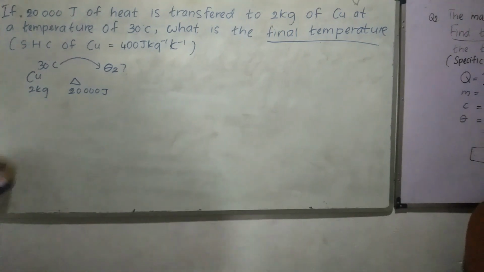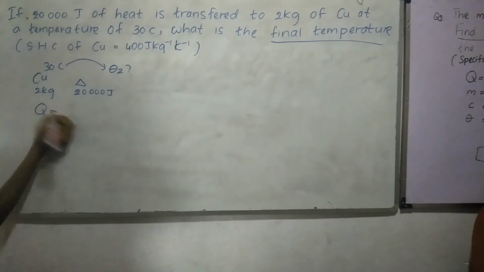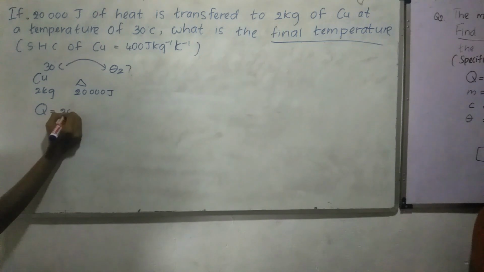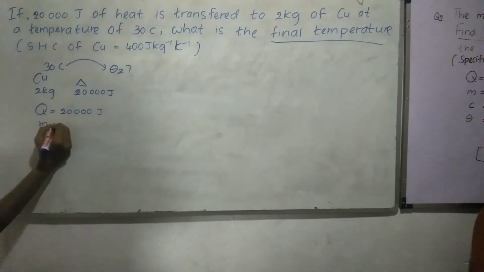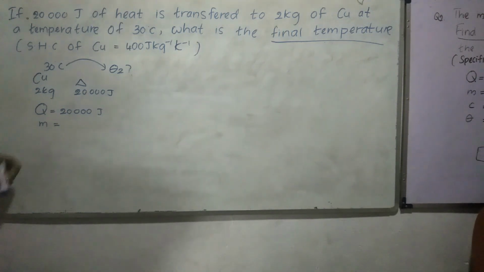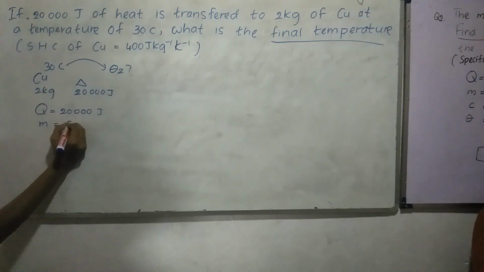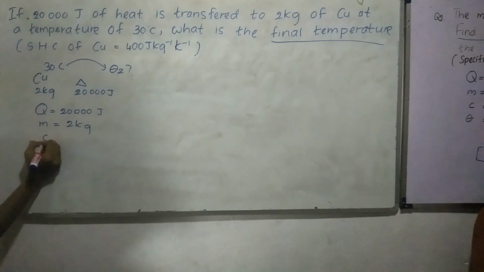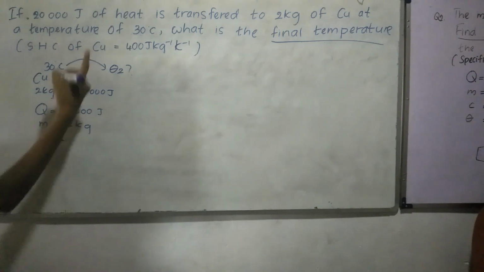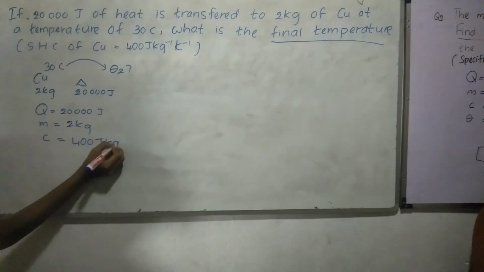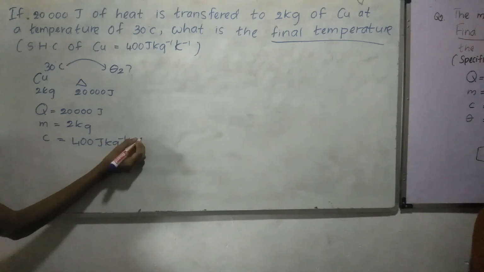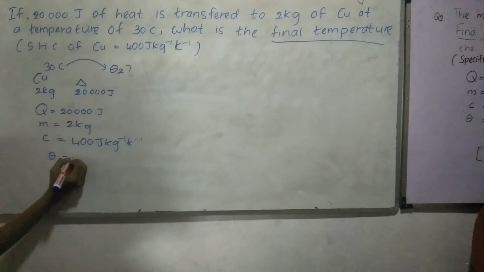Now we are going to record the details. Q is 20,000 joules. Simple m, that is mass, is 2 kilograms. Simple c, specific heat capacity, is 400. And theta we don't know.